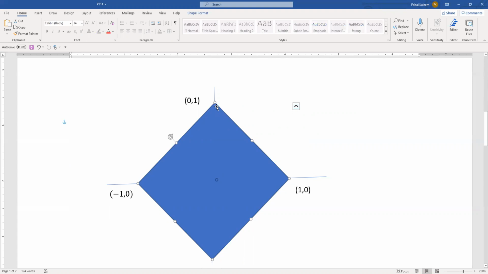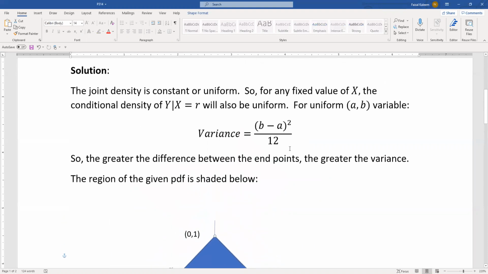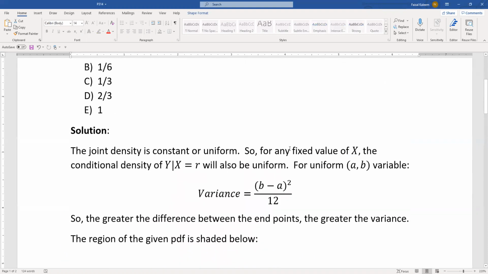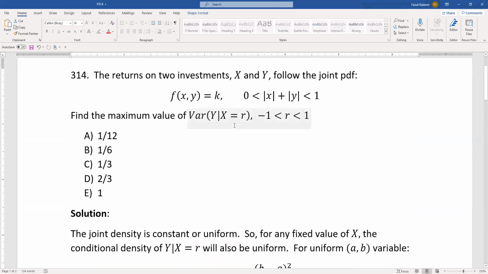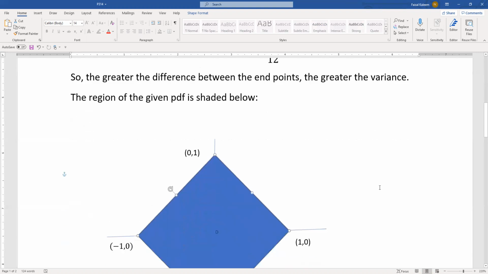And this is the absolute x plus absolute y less than 1, this diamond. We see from here, remember, we are fixing an x value and trying to find the maximum variance of y given a fixed x value.